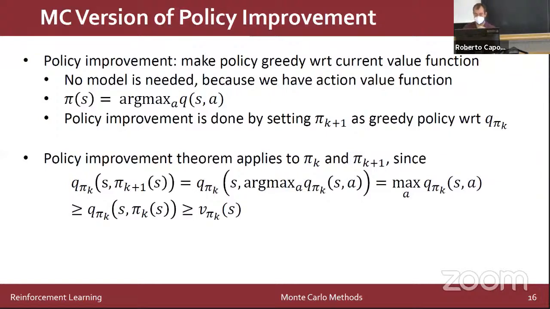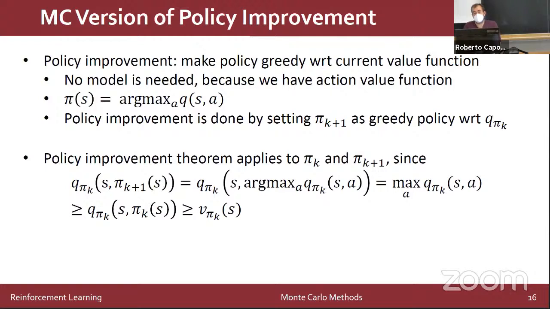So this is based on the fact that you are improving your policy, and this improvement of your policy is leading you to an improved evaluation. Consider the fact that you start with a random policy, so the policy is completely random.